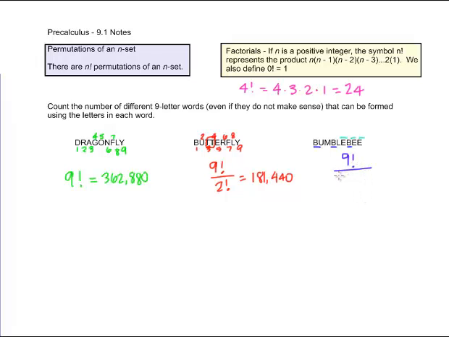But now we've got 2 separate groups of 3 factorial each to represent the B's and the E's, which we don't count because we've already got the B once. So when we do this math and punch it into your calculator, you get that there are 10,080 different permutations of the word bumblebee.